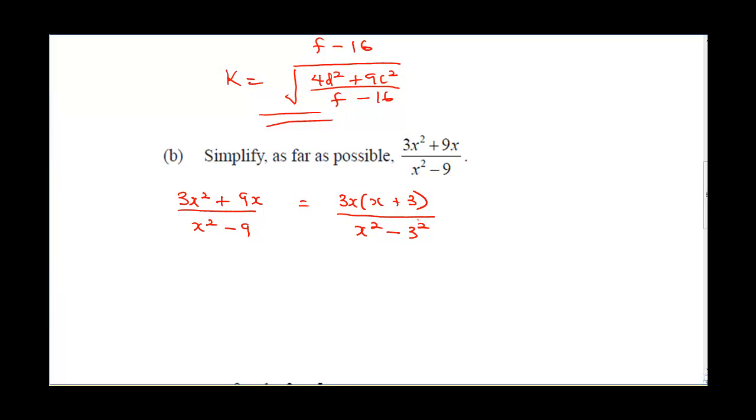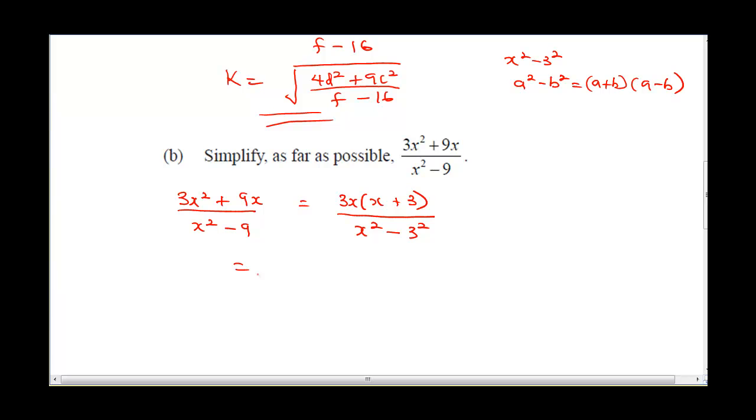Now to simplify this, when you have x squared minus 3 squared, this is called a difference of two squares. Whenever you have something like a squared minus b squared in maths, you can solve this by doing a plus b multiplied by a minus b. So that will make this equation 3 times x plus 3, all over x plus 3 multiplied by x minus 3.